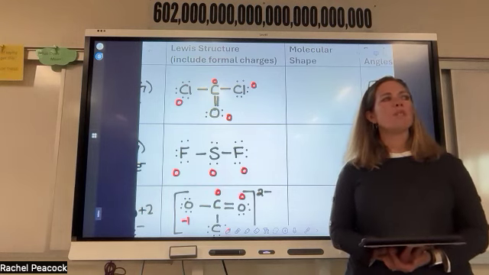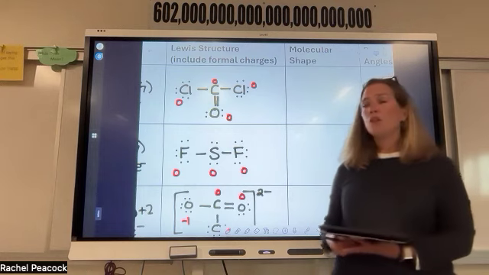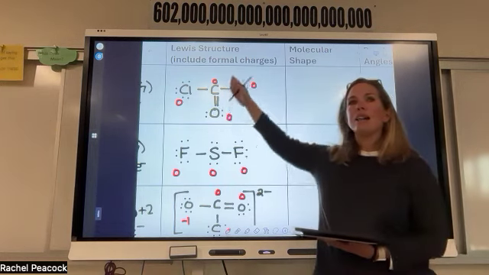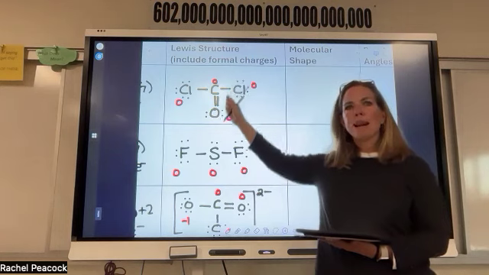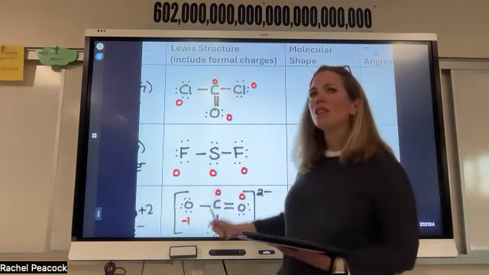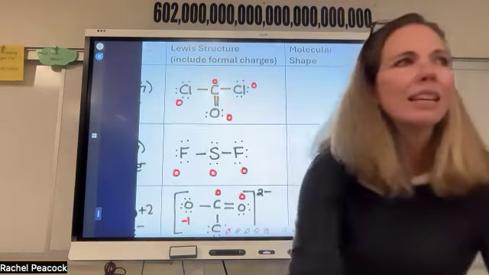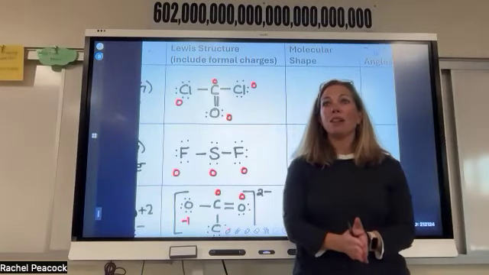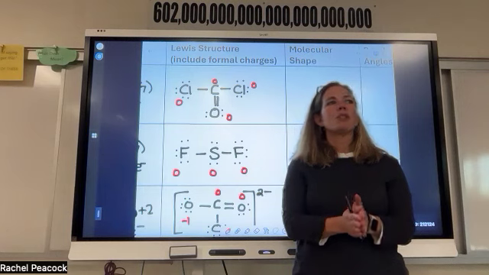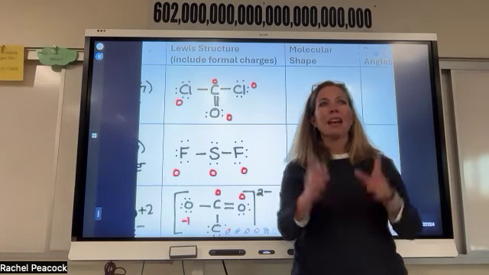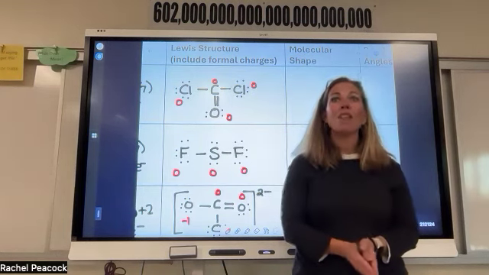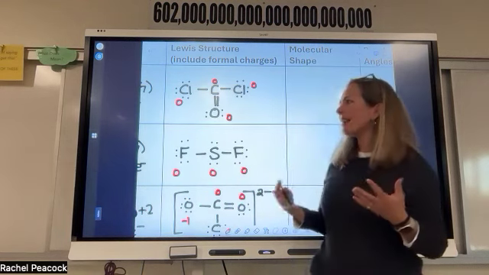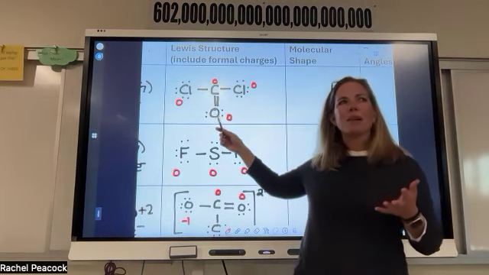When you are determining shape, you regard a double bond as just one pair, because the oxygen is pulling in one direction. It's one thing pulling in one direction, which is really what determines shape, how many things are coming off the central atom. But by things, we're really talking about atoms.